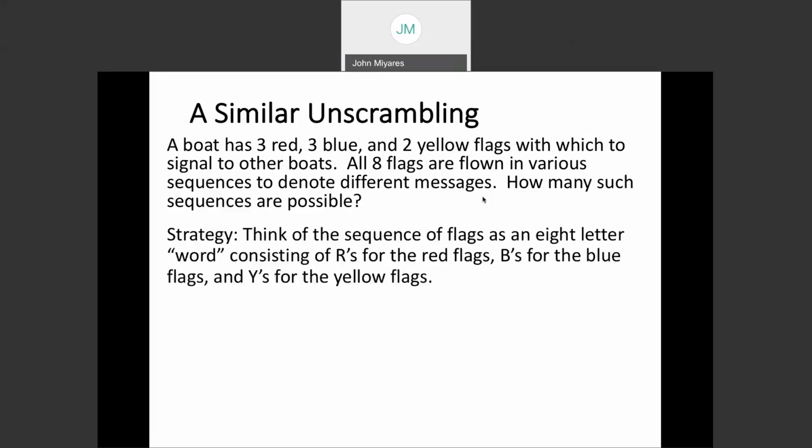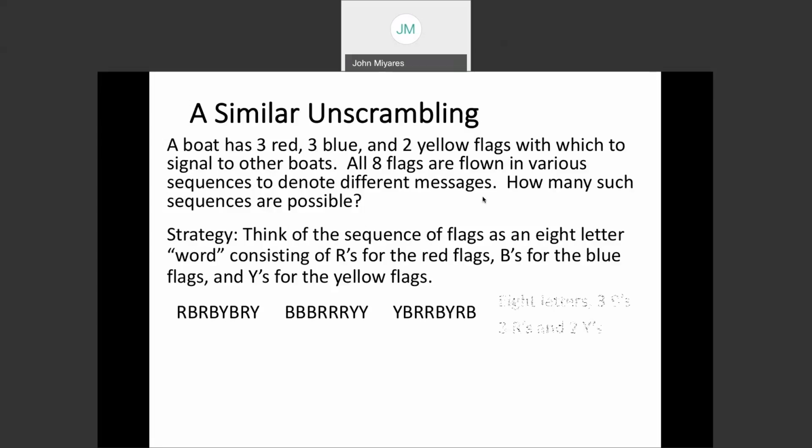The strategy here is we're going to think of the sequence of flags as an 8-letter word that consists of R's for the red flags, B's for the blue flags, and Y's for the yellow flags. One such sequence might be RBRBYBRY. Another might simply be BBBRRRYY, while a third could be YBRRBYRB.